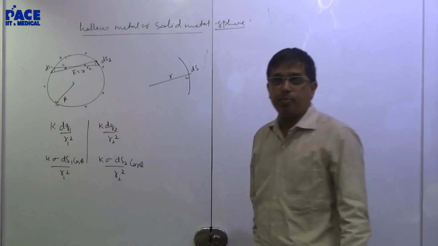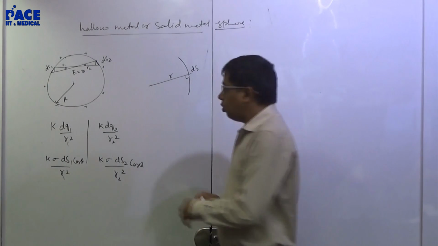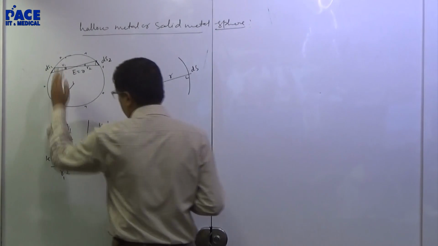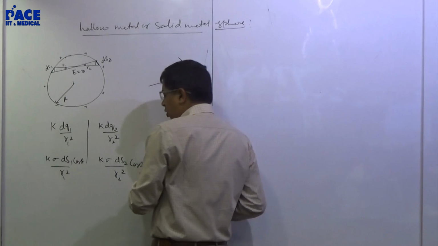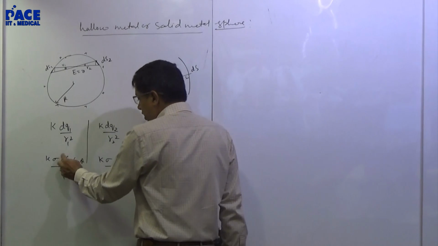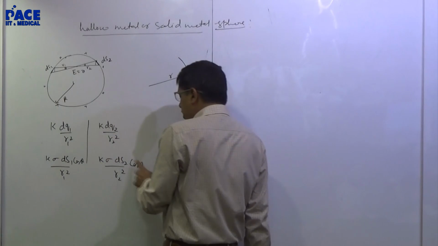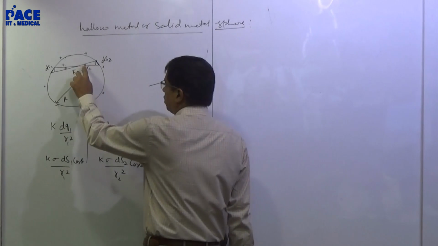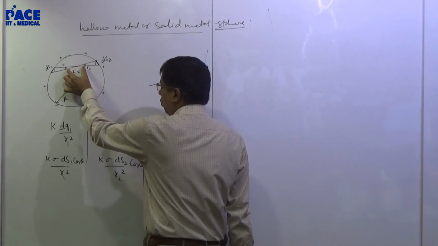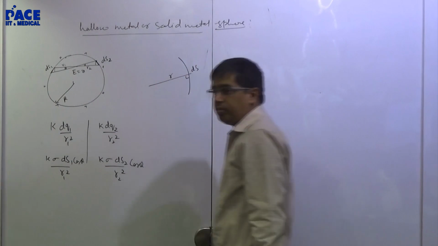R and ds should be perpendicular. So ds1 cos theta by r1 square is the solid angle here. ds2 cos theta by r2 square is the solid angle here. These both quantities are equal, so both the fields will be equal.